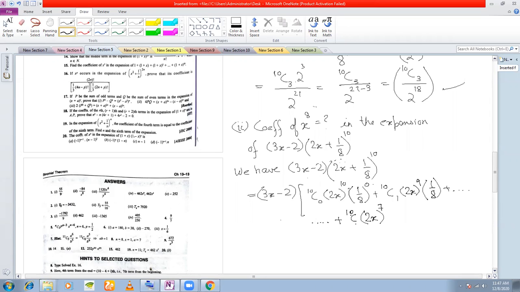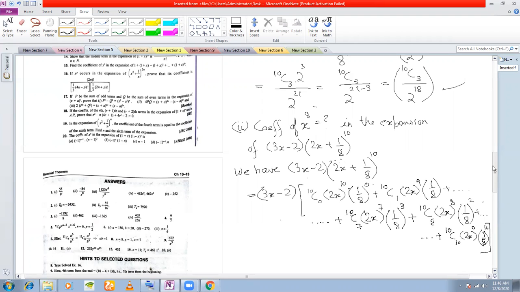That means this will become 10C7, and this will become (1/8)^3. Then the next term will be 10C8 (2x)^8 (1/8)^2, and the expansion continues till 10C10 (2x)^0 (1/8)^10.